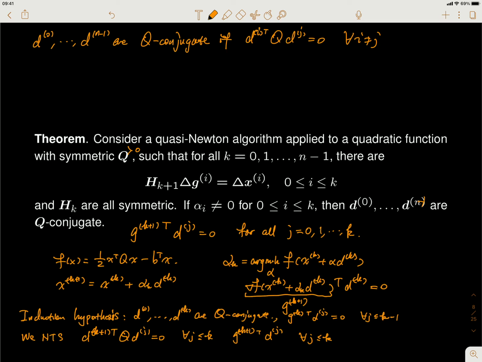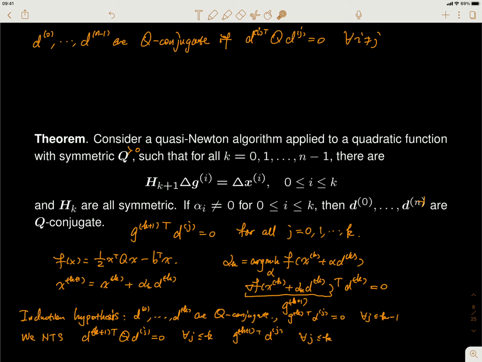So we can have both of them and then use them to prove the last line. That would be the strategy. From this part to this part is exactly the same as in the conjugate gradient method, so I will not repeat that. We just need to prove that Q conjugate implies that, and then this will be automatic.